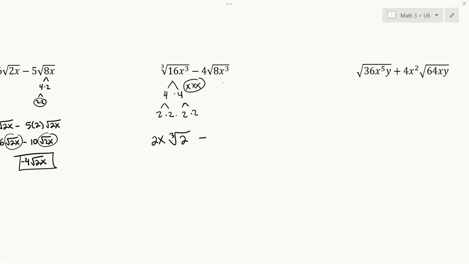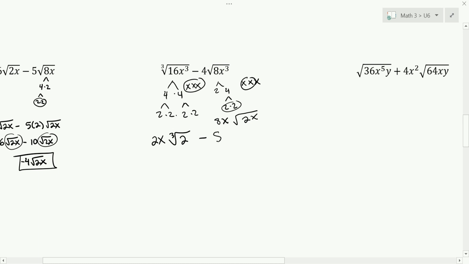Kale, can you simplify that part? Okay. Okay, so the 8x is coming from 4 times the 2 you pulled out, and we pulled out an x.